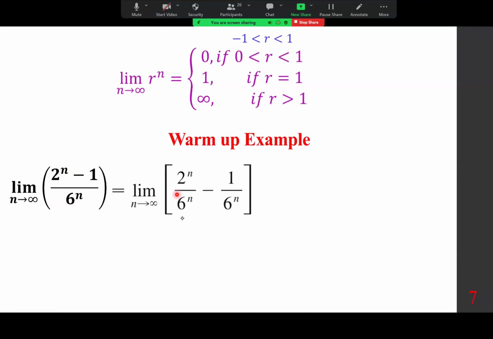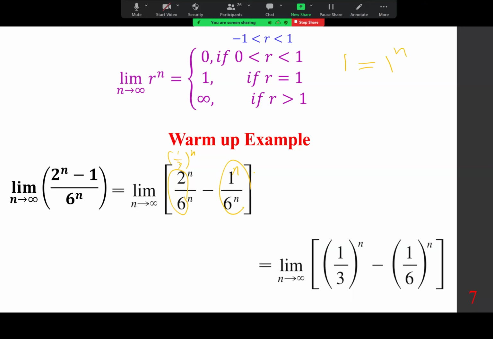Now, this one, as you know, is 1 over 3 to the power of n, right? Think about it: 2 over 6 is 1 over 3. Now, for this one, 1 or 1 to the power of n makes no difference. If I change this to 1 to the power of n, I can write this as 1 over 6 to the power of n.